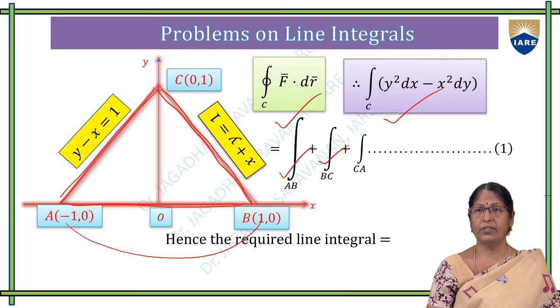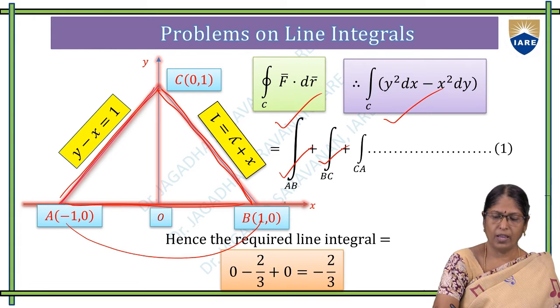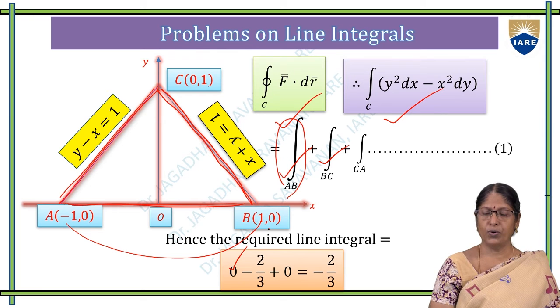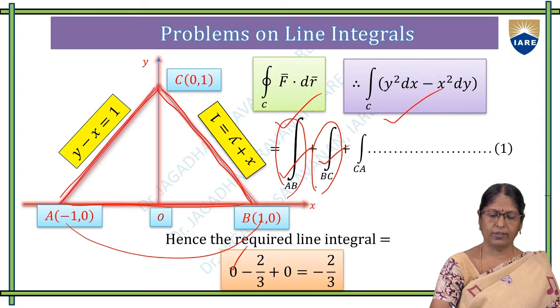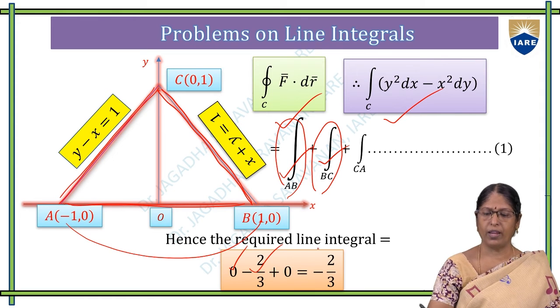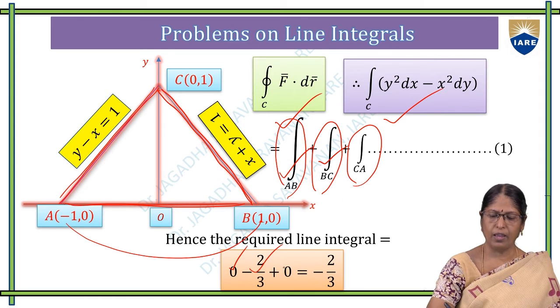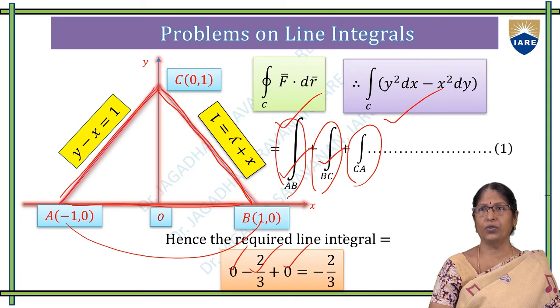Along AB, we obtained the result 0. Along BC, we obtained the result minus 2 by 3. And along CA, we obtained the result 0. So the total is nothing but minus 2 by 3.